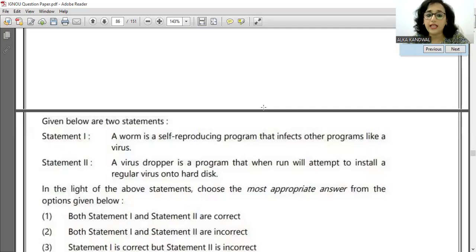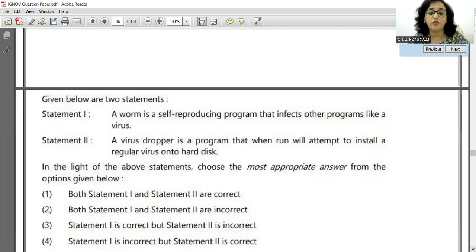So a worm is a self-reproducing program. We have learned about worm also. It is a self-reproducing program that infects other programs like a virus. When we talk about worms, तो worms self replicating है, reproducing नहीं है, self replicating है. So the statement is given intentionally to confuse you all.